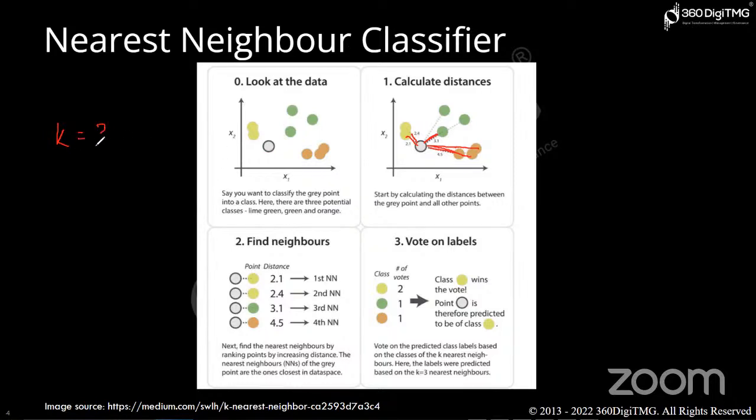Suppose we have taken k as 3. It measures the 3 closest values, suppose these two yellow and one green are the closest. If we have a majority category, here yellow is the major category, so it will also become yellow if k is equal to 3.